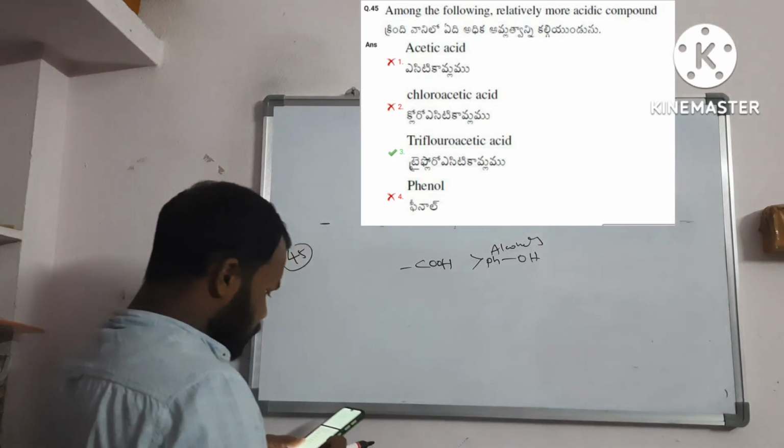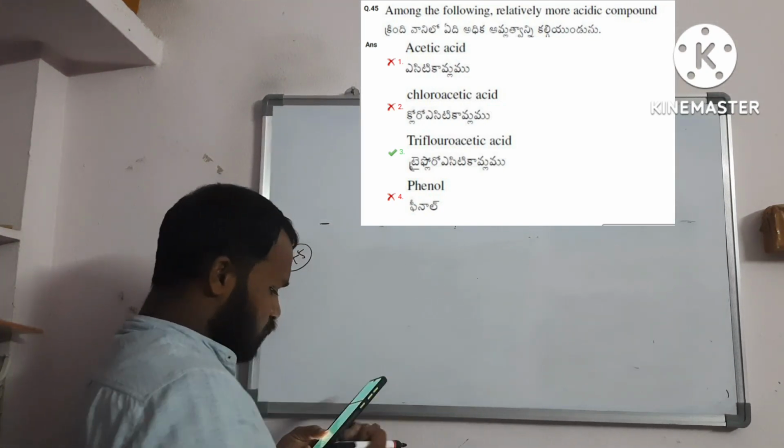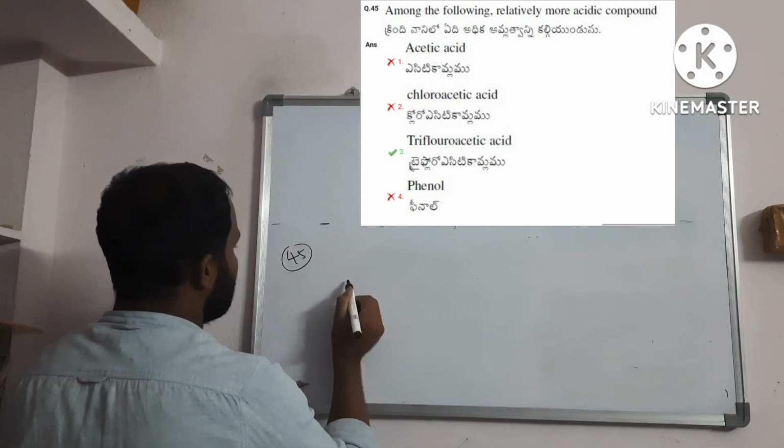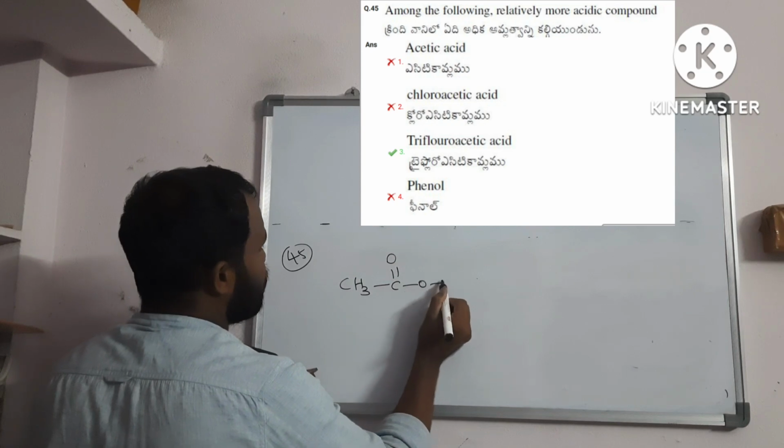So the phenol can be eliminated from the options. The remaining options: acetic acid, CH3 C double bond OH. This is acetic acid.